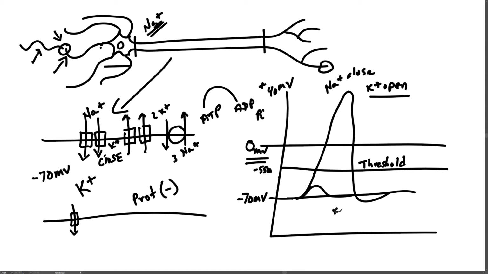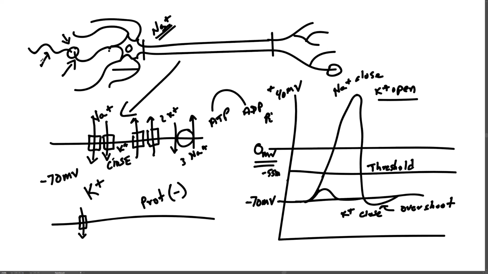So this is potassium channels closing. And this dip below the resting potential is called the overshoot. And then once the potassium channels close, the cell goes back to its resting potential at minus 70 millivolts.